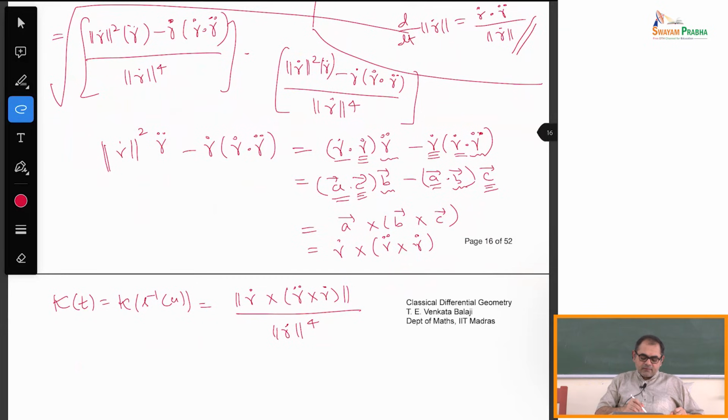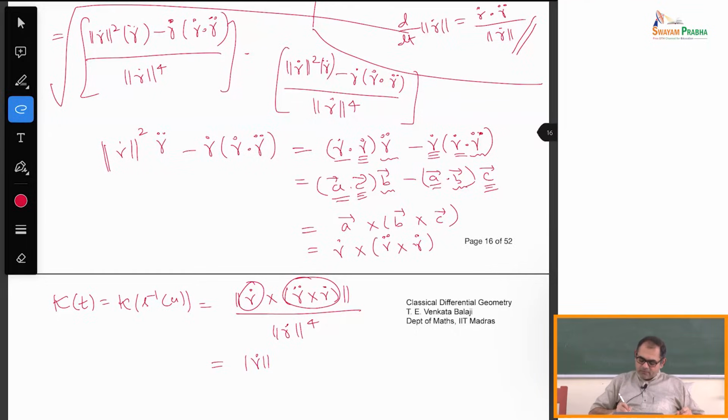So now you see, just think about it, this gamma dot cross gamma double dot, the direction of the cross product is perpendicular to both of the original vectors. So this gamma dot and this vector are perpendicular, and therefore when you take the cross product, by the definition of the cross product of two vectors, it is the modulus of the one multiplied by the modulus of the other into the sine of the angle between them, which will now be 90 degrees.